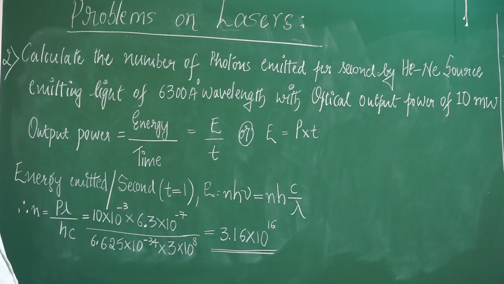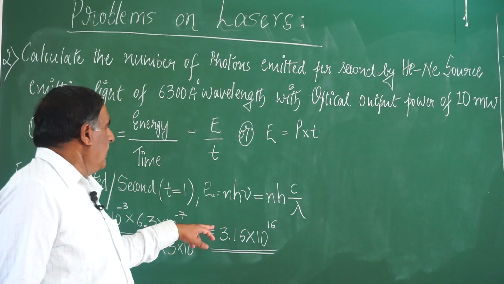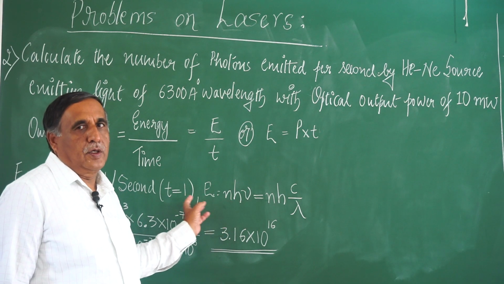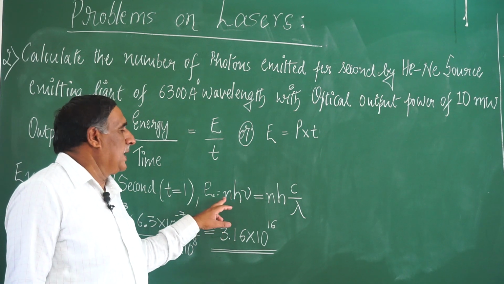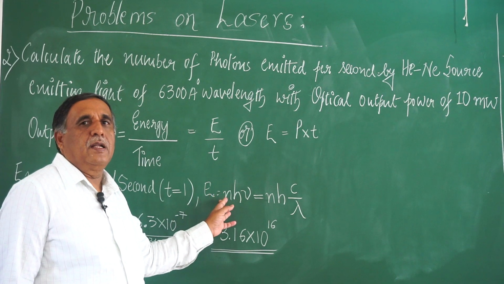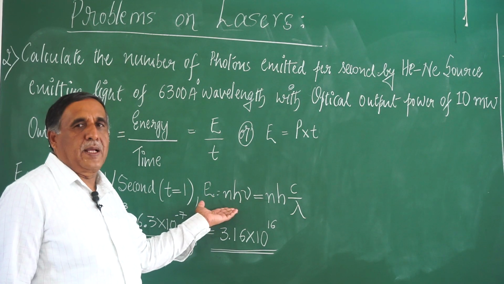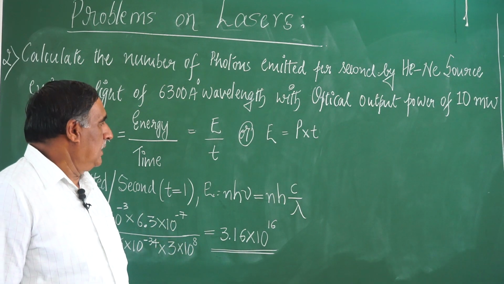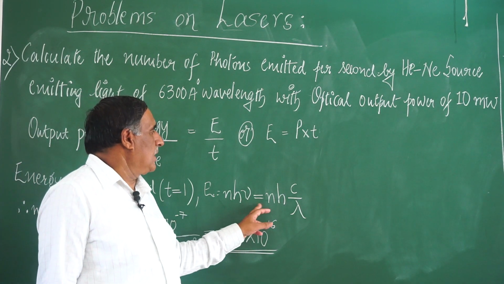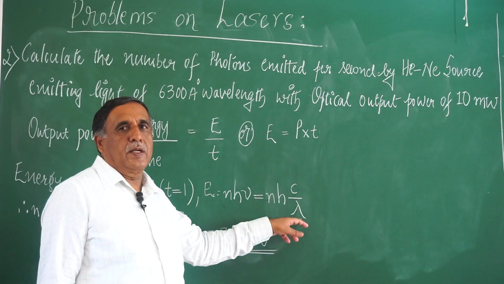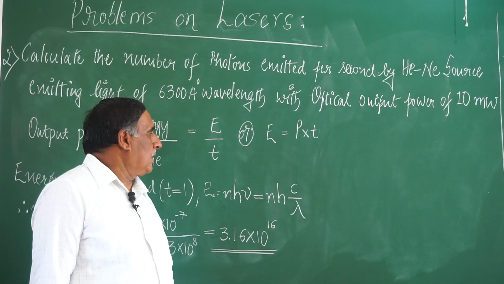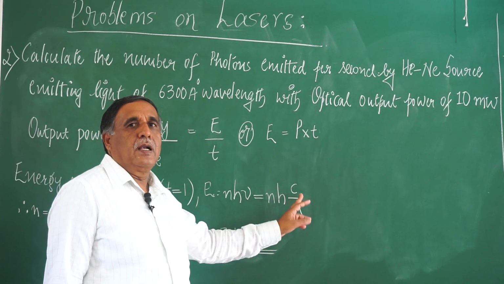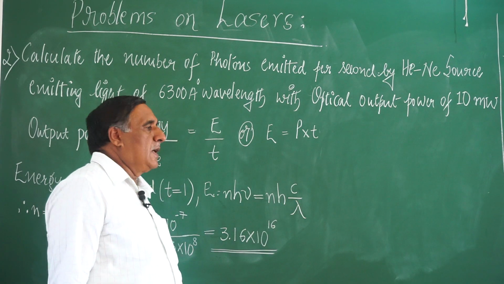We take E equal to n h nu, where n is the number of photons emitted per second, h is Planck's constant, and nu is the frequency of radiation emitted by the laser. Frequency equals c by lambda, where c is the velocity of light in vacuum, and lambda is the wavelength of the radiation emitted.